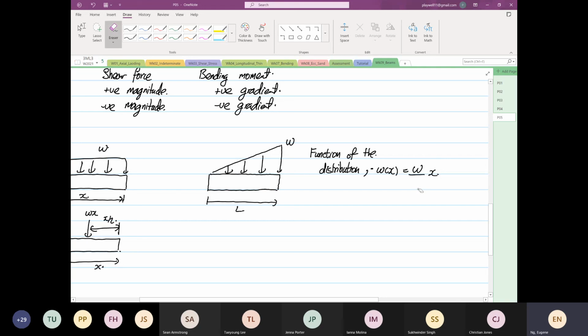Why omega over L x? Because this equation over here is omega as a function of x. So the gradient is omega over L x.